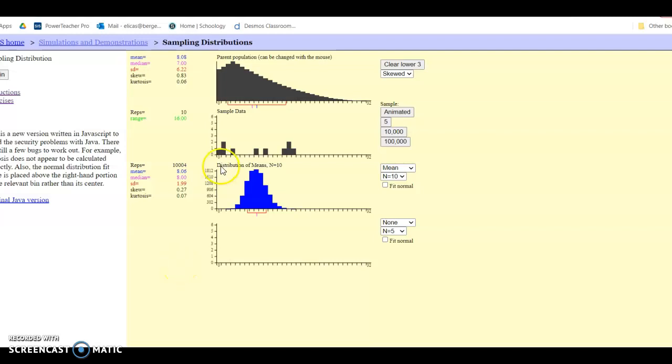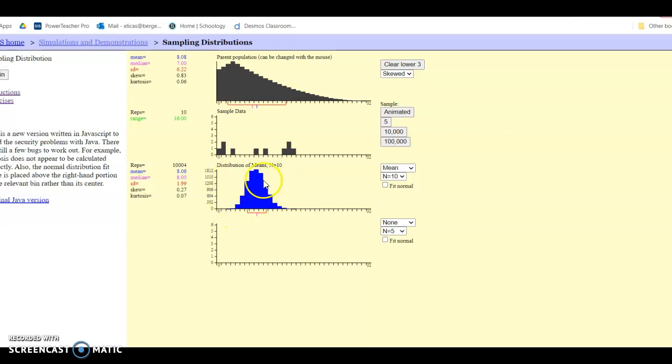But look what nice thing happens. Here is our population, which is very, very skewed. When you take a sampling distribution, and again, it depends on the sample size, we took 10 here, how big that is, we'll talk about at a later time.